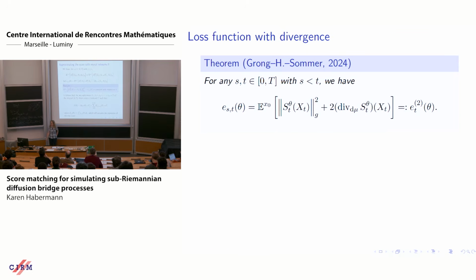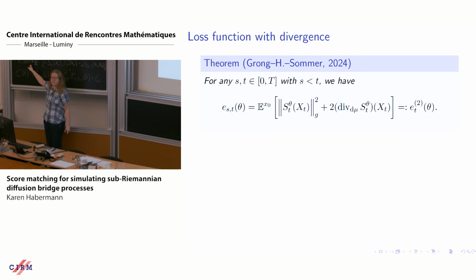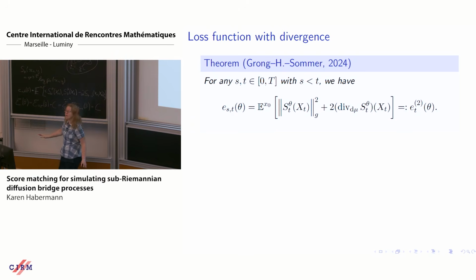But now the very nice thing happens: if you take this and the only thing you do is apply the definition of the divergence, or the divergence theorem, depending on how you call it, to pull the gradient to the other side and turn it into a divergence, you end up with an equivalent expression of this form.